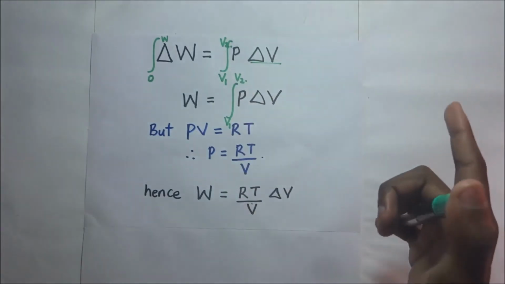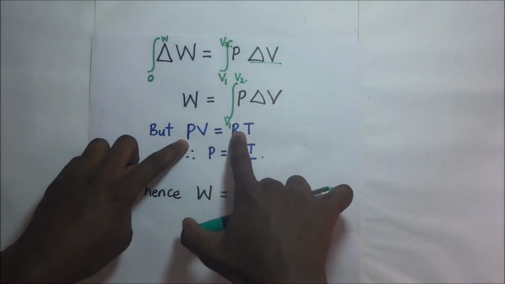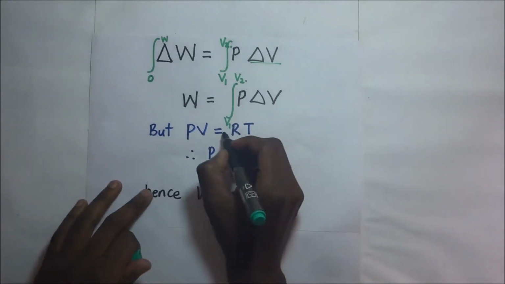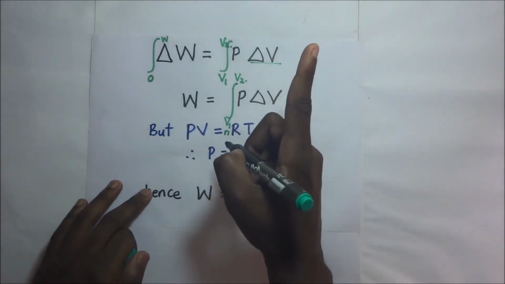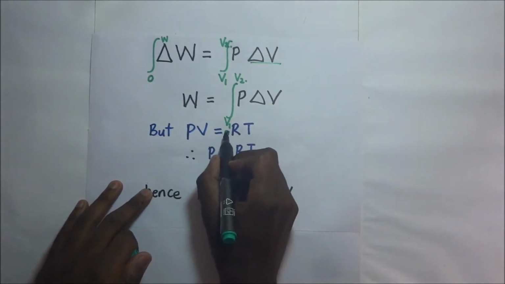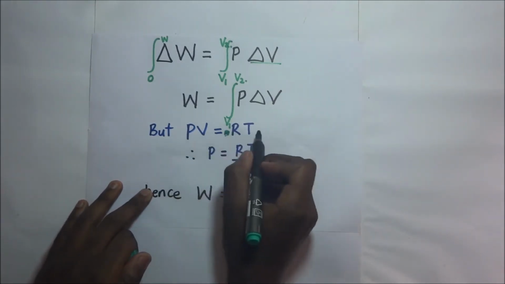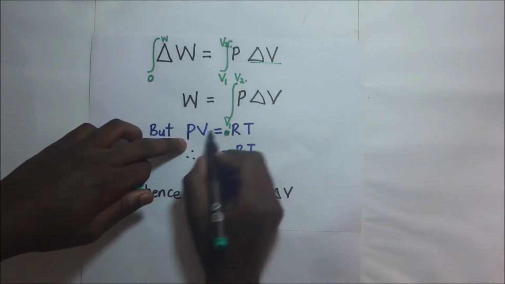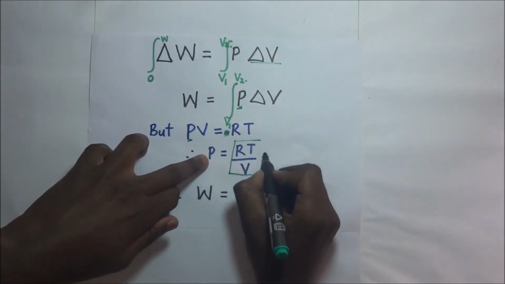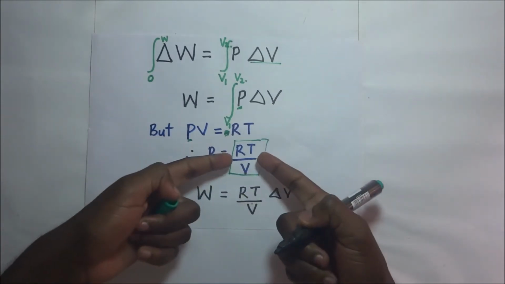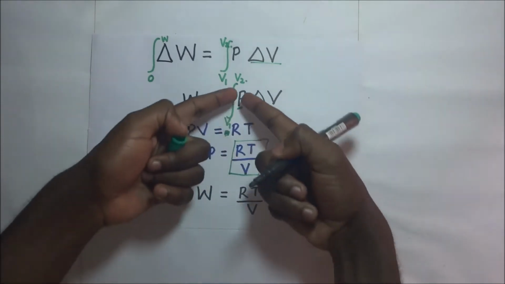From the ideal gas law, we know that PV is equal to nRT, but the value of n here is 1, since we are dealing with 1 mole of a gas. So PV is equal to RT. When we make P the subject of the formula, we end up with P giving us RT over V. So we substitute this and put it right there.